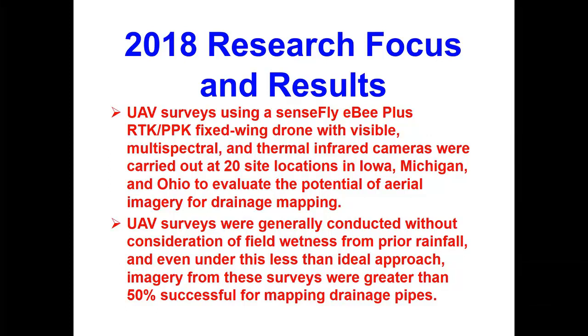And again, that's with not a very ideal approach. We had locations where we went out and it had been dry for 2 weeks, and other sites where we went out and had crop cover established. Just trying to collect as much data and see how well the equipment worked.